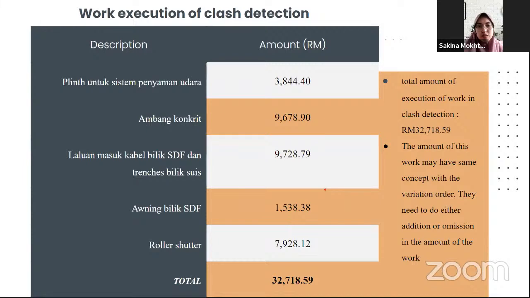For example, there was an additional drain pipe, how much? If you look at them one by one, maybe that would not give an impact to the overall cost of the project. If you look at the collective amount of the clash detection, then that would give a larger impact to the cost of the project itself. I hope you are clear on how to do the clash analysis.